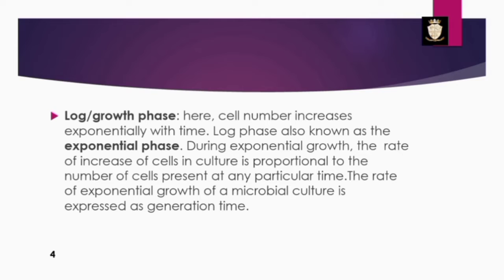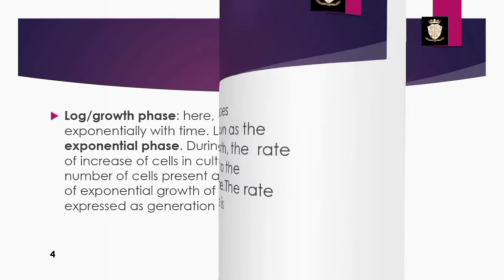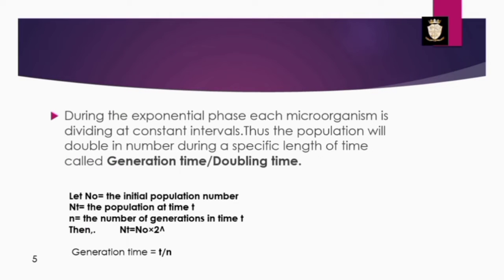The rate of exponential growth of a microbial culture is expressed as generation time. During the exponential phase, each microorganism is dividing at constant intervals. Thus, the population will double in number during a specific length of time called generation time or doubling time.